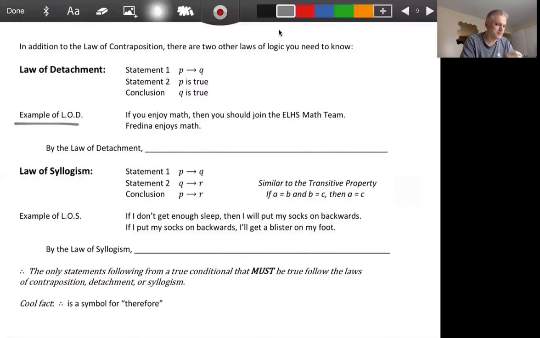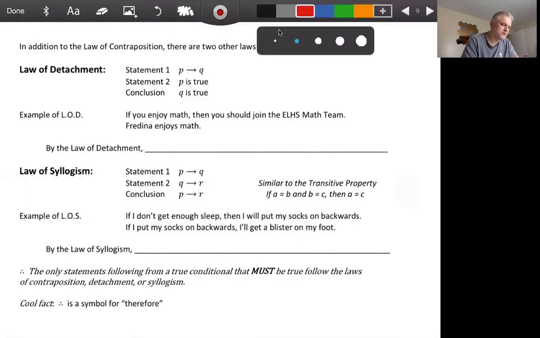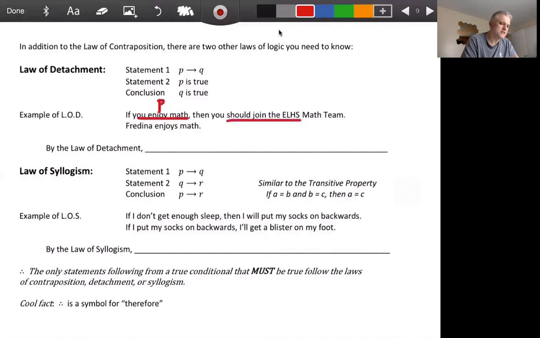So let's look at an example. If you enjoy math, then you should join the ELHS math team. Very true. So let's look at it. You enjoy math, that's the P part. You should join the math team, it's the Q part. Ferdina enjoys math. So statement 2 says somebody enjoys the math. So if P causes Q and P is true here for Ferdina, what does that say?